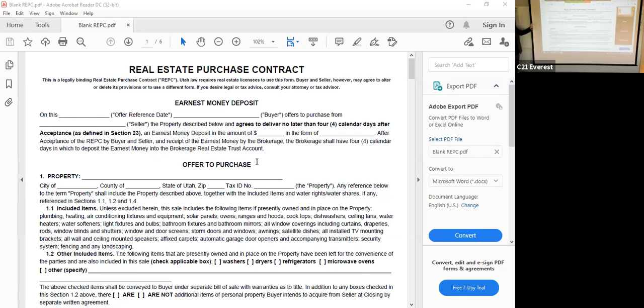I hope you understand this, and then I'll just end with this last piece of clarity. If your buyer does not bring in money, they're in default. If the money is brought in after their deadline, they're in default.